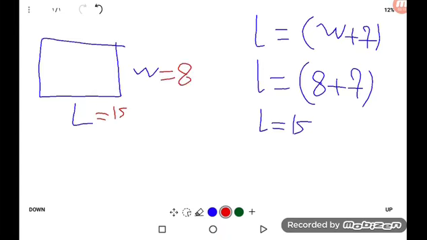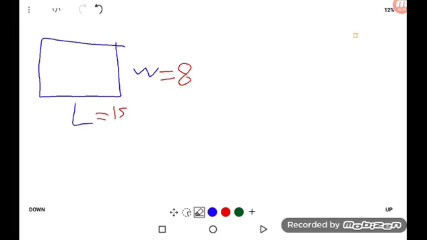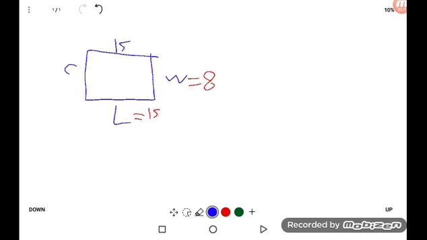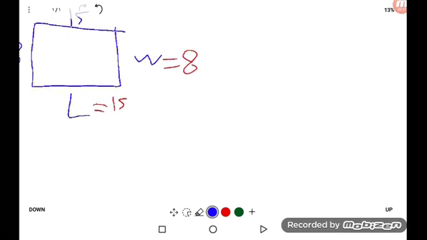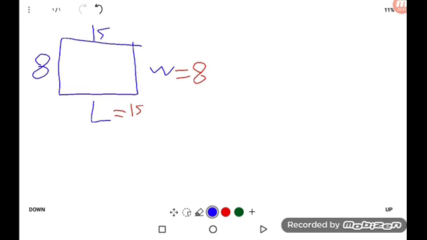Now we can find the perimeter. Now if you have here 15, so here you have 15, and if you have here 8, here you have also 8. Now to find the perimeter we need to add these numbers.